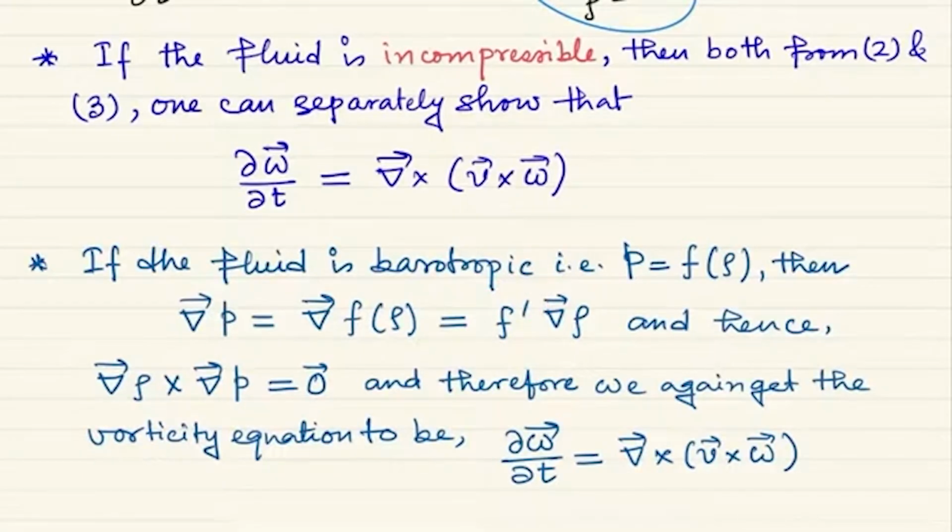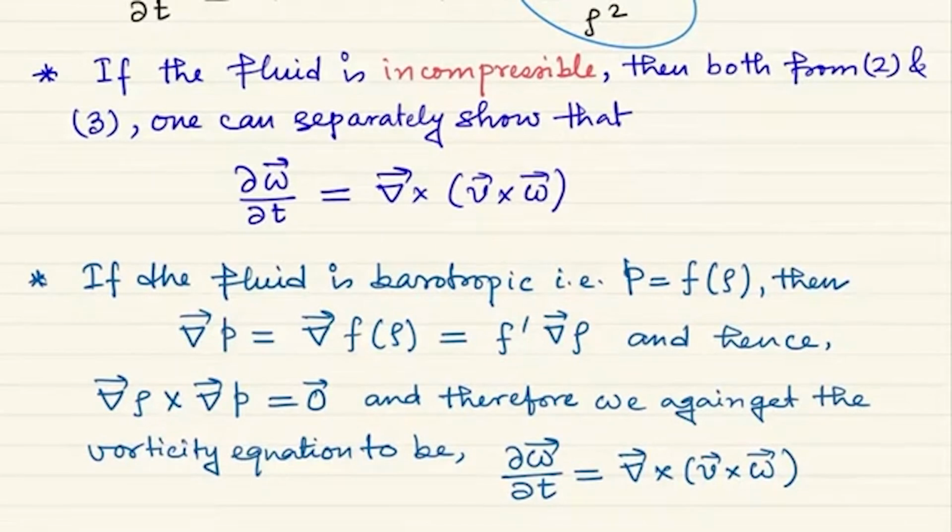So gradient of P can then be written as some function times gradient of rho. And then of course if you look at the baroclinic term, that is gradient of rho cross gradient of P, and now gradient of P and gradient of rho have the same direction because they are parallel. So gradient of rho cross gradient of P will be 0.